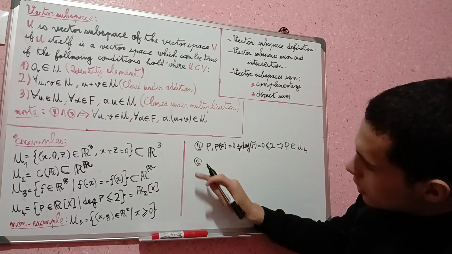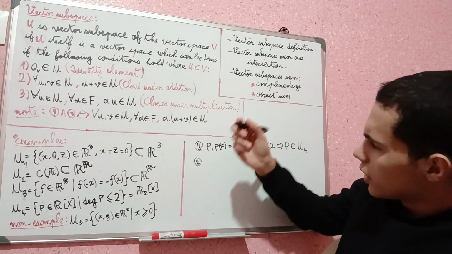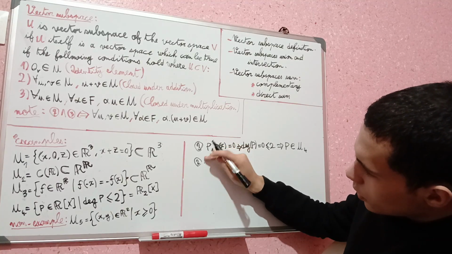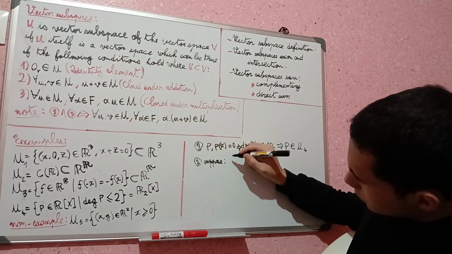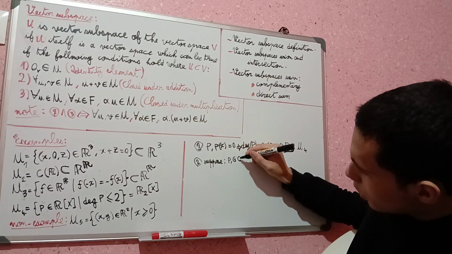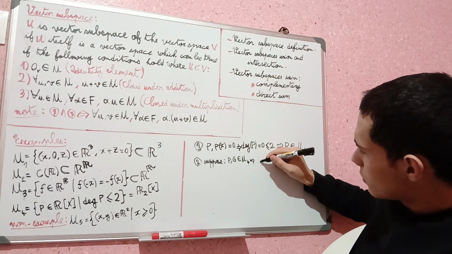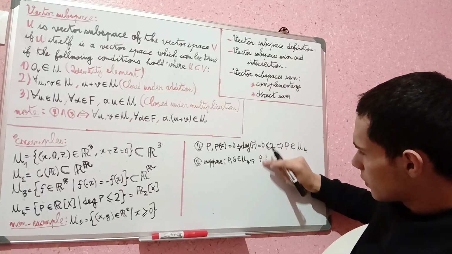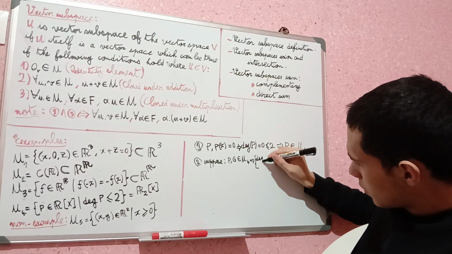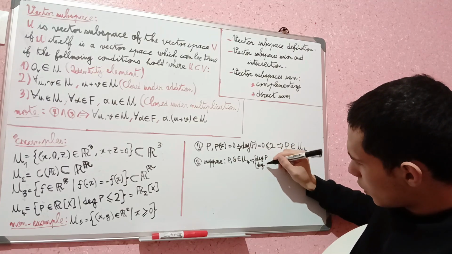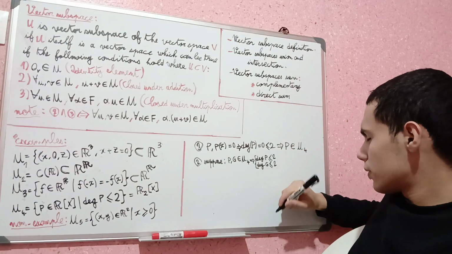Also, same thing with the second condition, which is closure. Suppose P and G belong to U4. That implies that the degree of P and the degree of G are both less than or equal to 2.